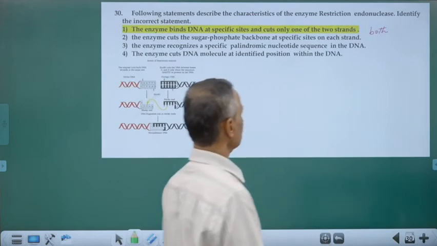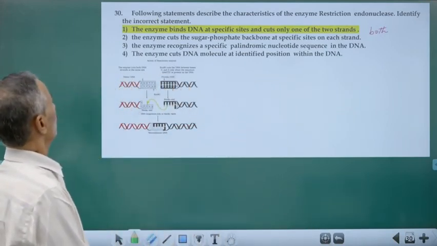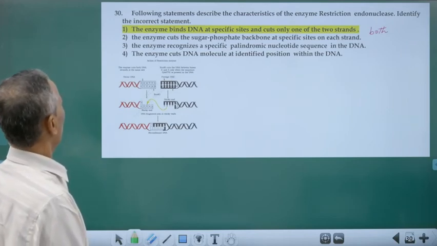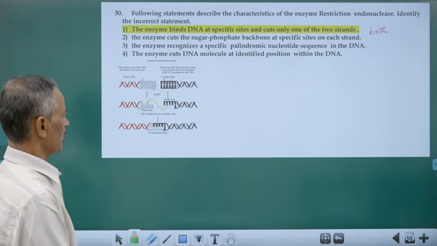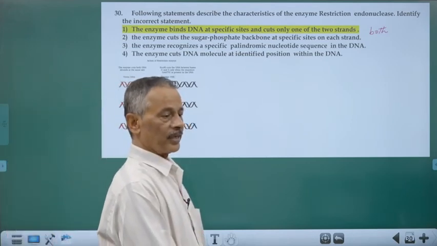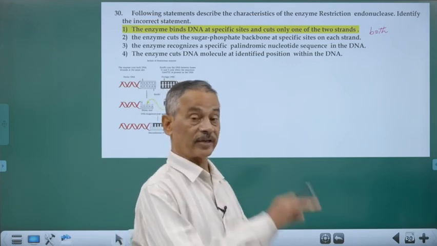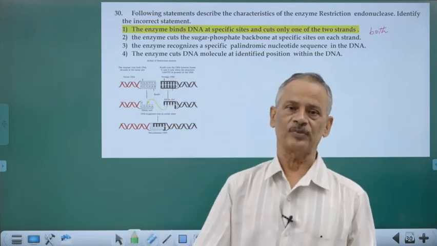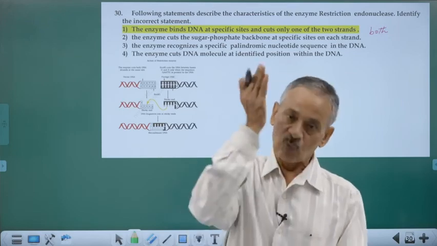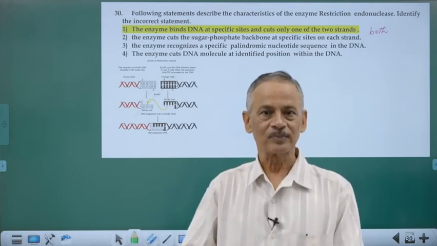And coming to the last question of the day: the following steps describe the characteristics of the enzyme restriction endonuclease. Identify the incorrect statement. Remember, a restriction endonuclease will recognize a particular sequence, which is called its recognition sequence, and will cut within that recognition sequence.